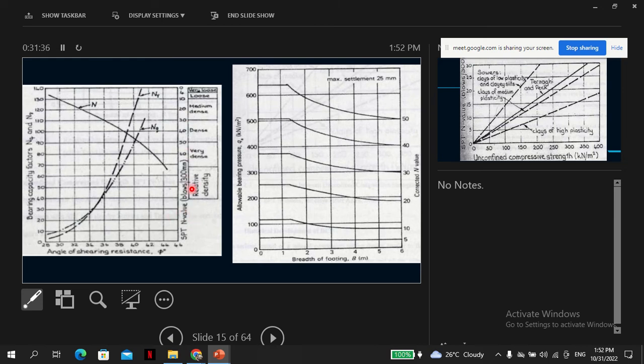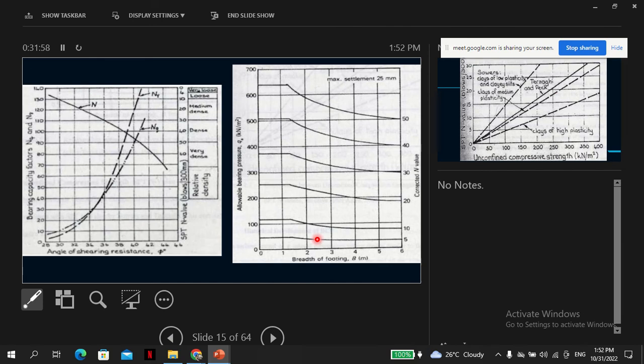So with the SPT value, if you know the angle of internal friction with the N value, but now here we're talking about the corrected value, right? The corrected value, you can know the bearing capacity factor.